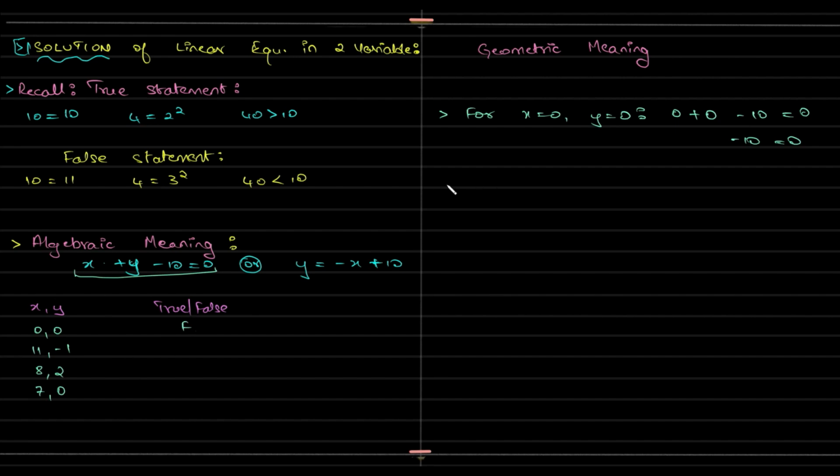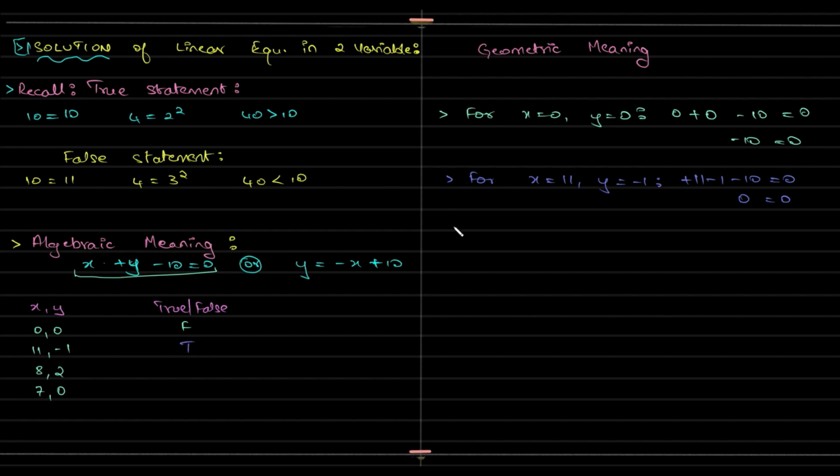Next, for x is equal to 11 and y is equal to minus 1, we have 11 minus 1 minus 10 is equal to 0. Yes, 0 being equal to 0, a true statement.